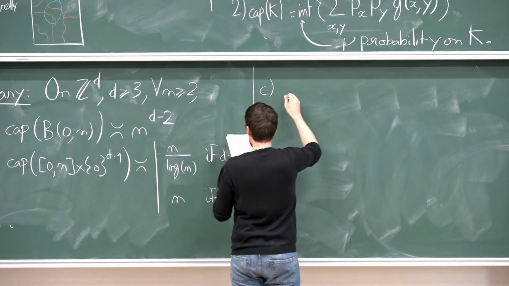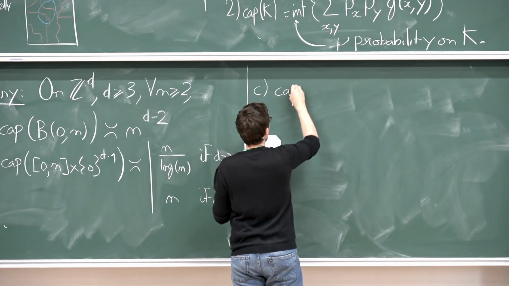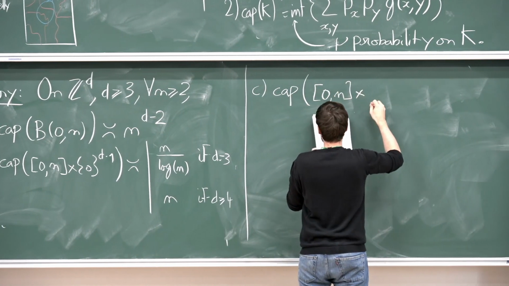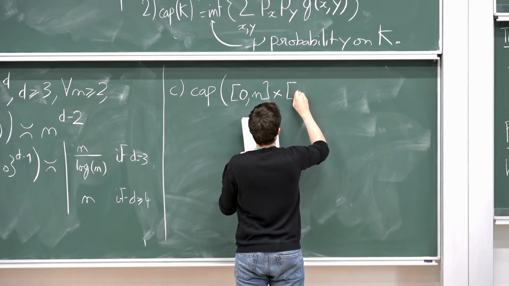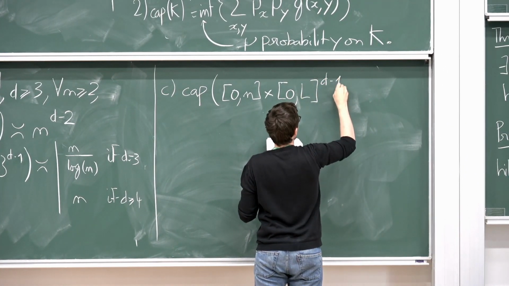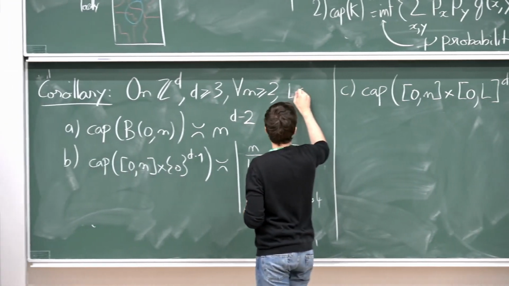Another set that will be important later is a rectangle, or a tube, if you want. Instead of taking [0,n] times 0, I take [0,n] times [0,L], where L is smaller than n.